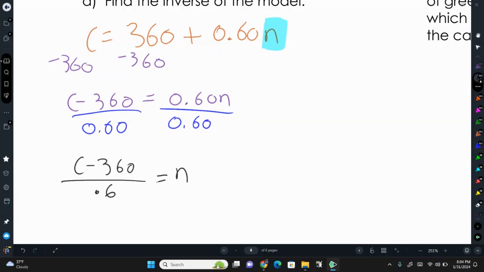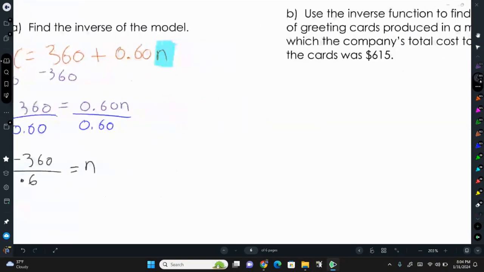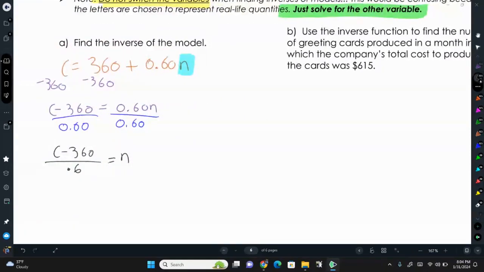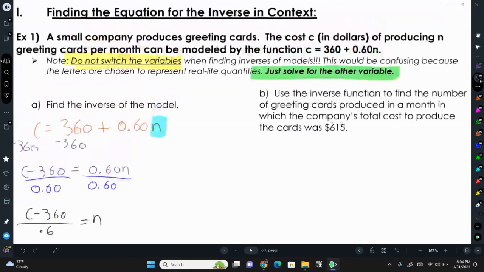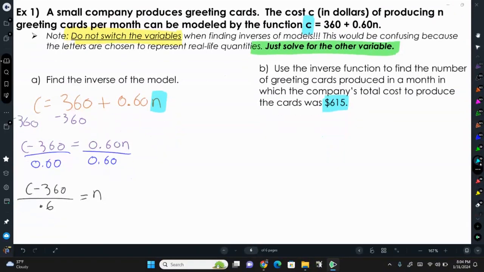What that allows us to do is to answer questions like letter B, where it says use the inverse function to find the number of greeting cards produced in a month in which the company's total cost was $615. Normally, if the cost is $615, we would plug that in for C and try to get n by itself to figure out the number of cards.